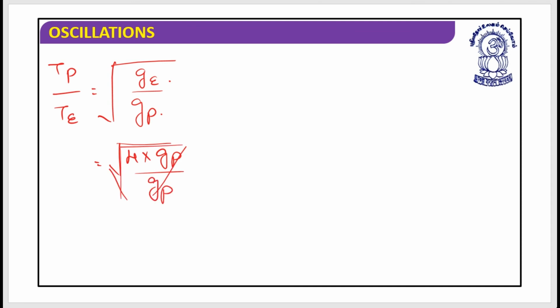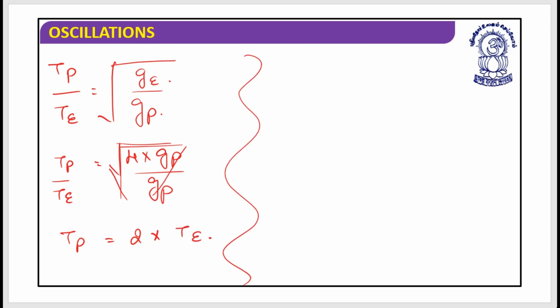Yes, so this has gone, and this is equal to Tp by Te. So Tp is equal to twice the time period of the Earth. The time period of the Earth has been given as 20 seconds. So the time period on that planet would be equal to 2 into 20, which is equal to 40 seconds.